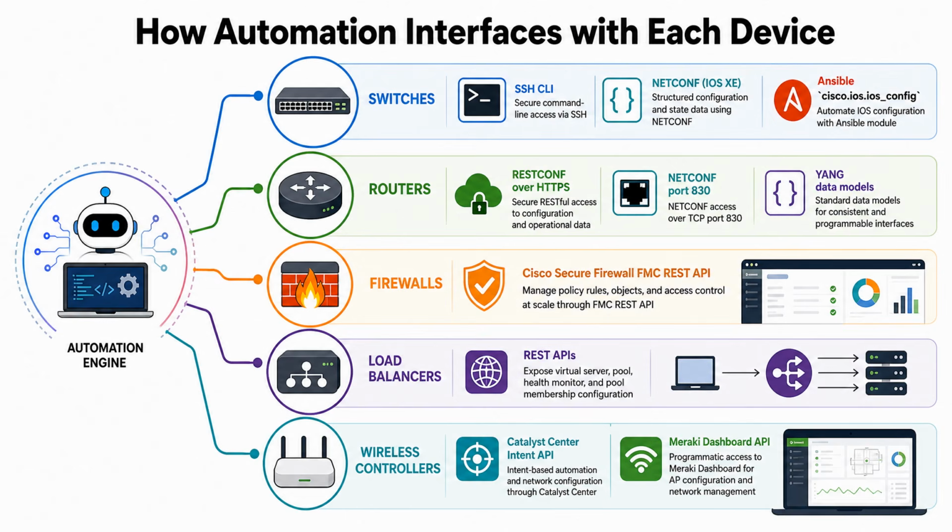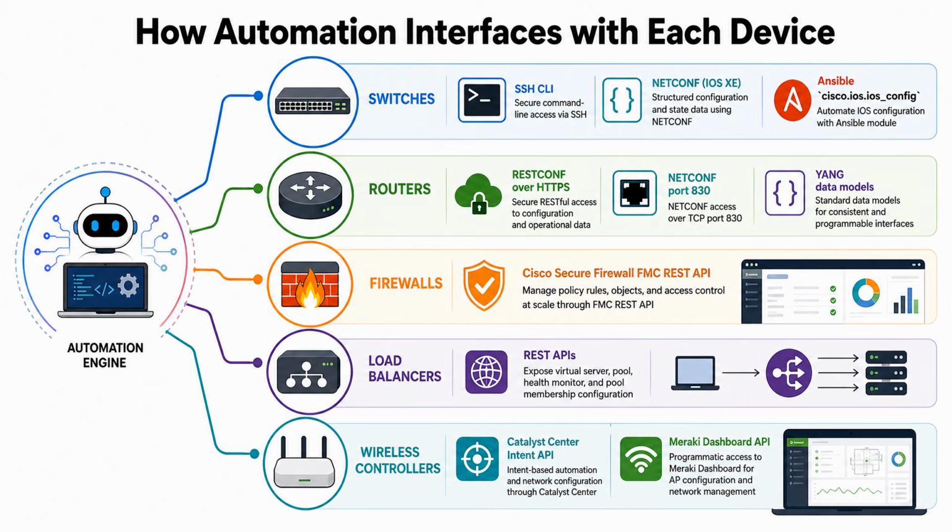But instead of an SSH tunnel, you make standard HTTP GET, PATCH, PUT, and DELETE calls to the device's HTTPS port 443. RESTCONF is very developer-friendly because it works exactly like any other REST API. This is the convergence point where the networking world and the software development world truly meet.